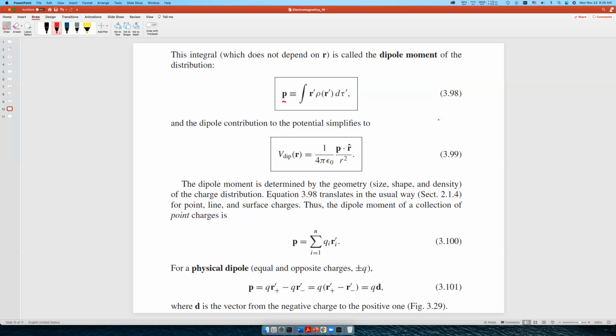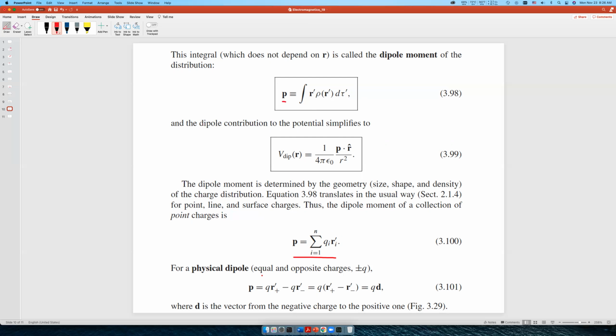And the equation 3.98 translates in the usual way for point, line, and surface charges. If it's not a continuous distribution of charges, but instead a collection of point charges, then the dipole moment becomes this equation, of course, from an integral into a sum.